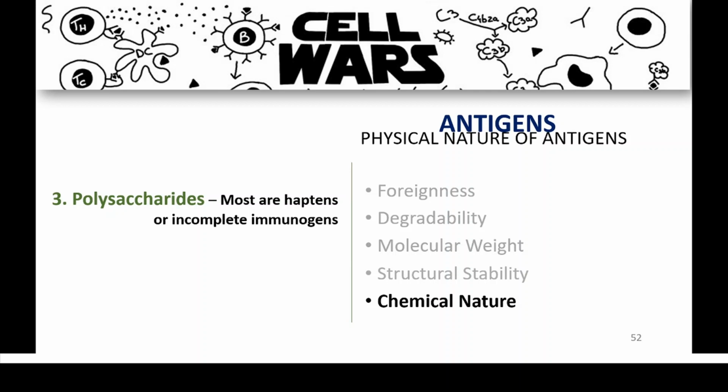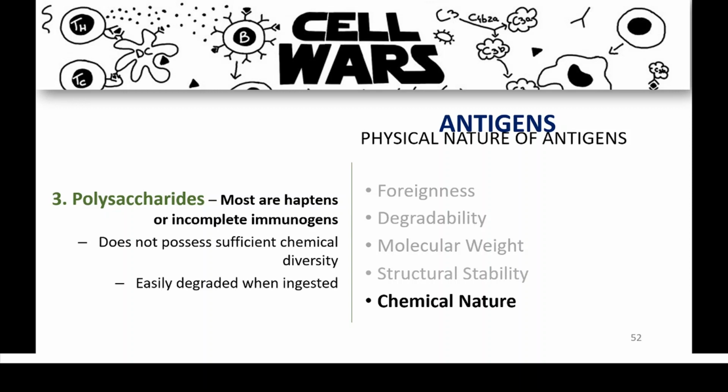Another is polysaccharides. Polysaccharides are mostly haptens. They are too small to be immunogenic. They are also referred to as incomplete immunogens. Polysaccharides also do not possess sufficient chemical diversity because polysaccharides are repeating molecules of C, H, and O. So with that, we can say that it's a poor immunogen.